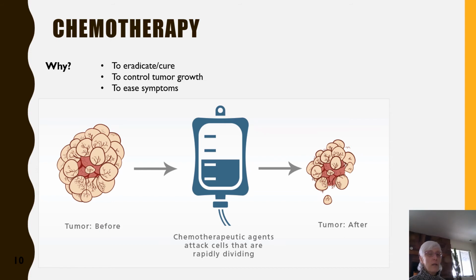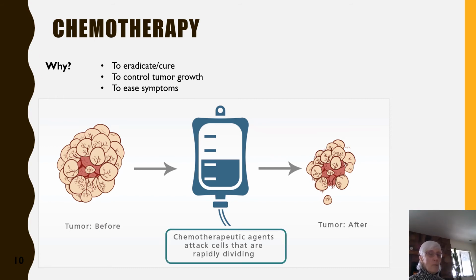Sometimes you hear individuals say that their cancer is in remission, but what that really means is the cancer hasn't gone away. It's simply gone to a size that is either undetectable or a small enough size where the tumor is growing at a small enough rate that you're not detecting increase in tumor size over a period of time.